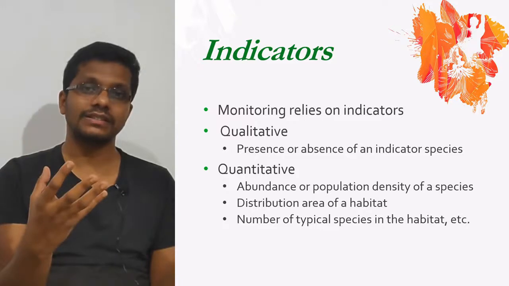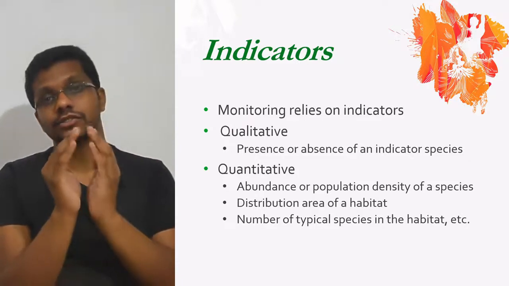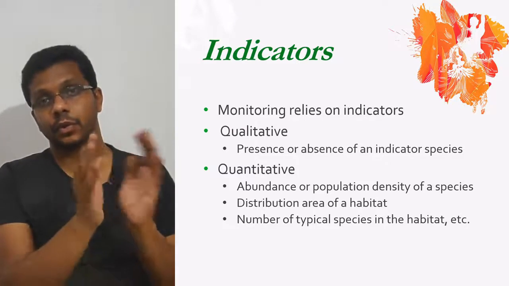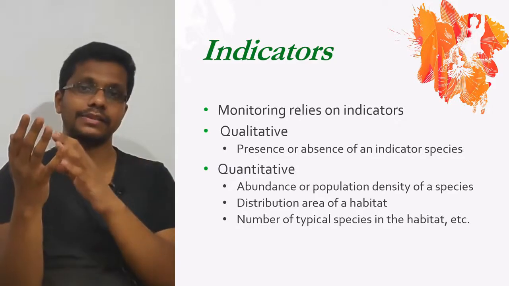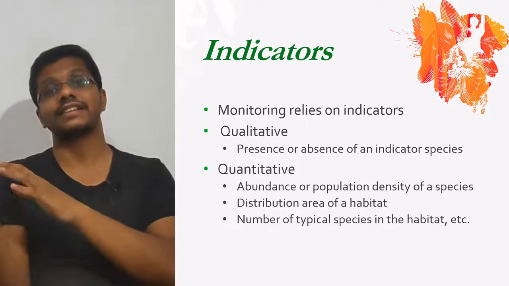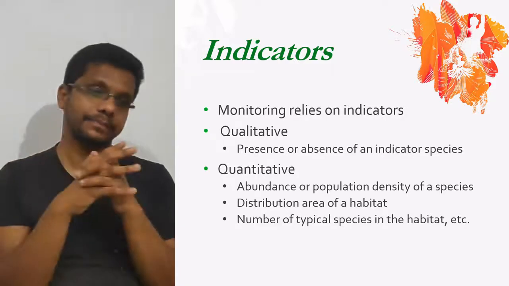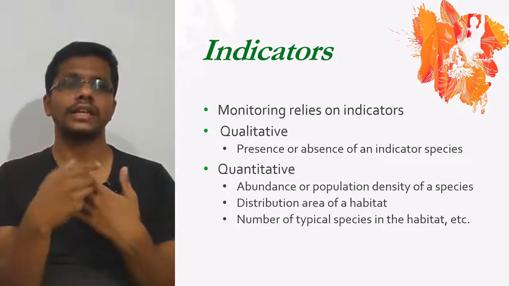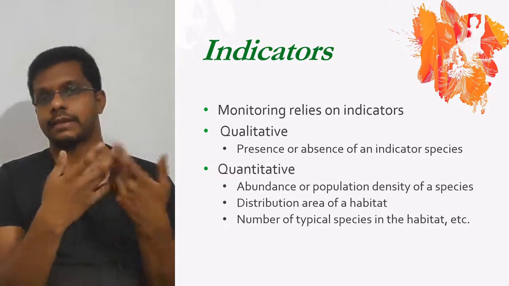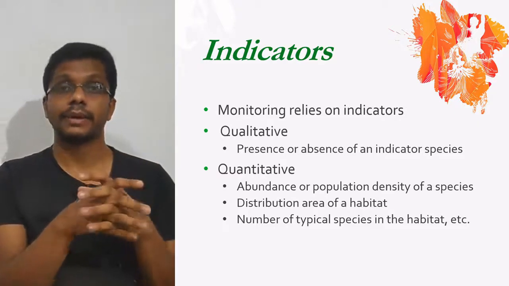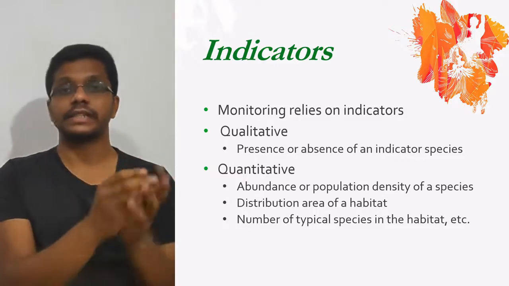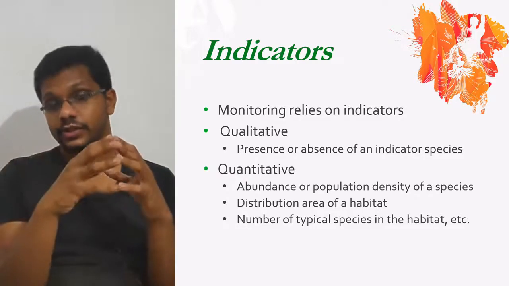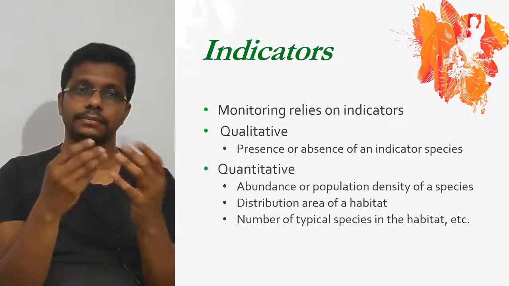The only requirement is that the indicators should have a correlation with the biodiversity change. If there is an increase in biodiversity, that should be reflected as a change in the indicators. Most of the time, we can use organisms, a particular species, as an indicator, maybe other factors like climate change or soil quality, ecosystem function, which can also be used as an indicator.